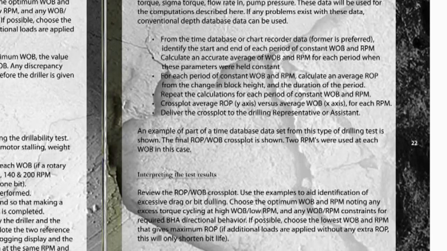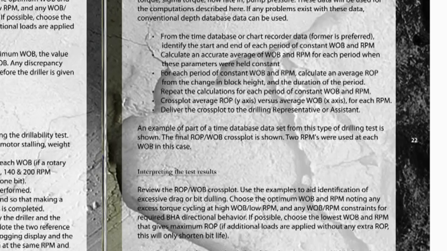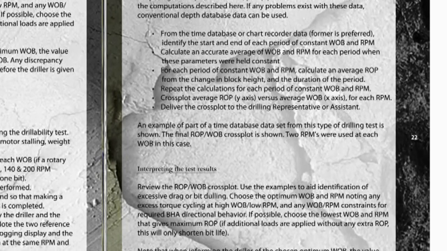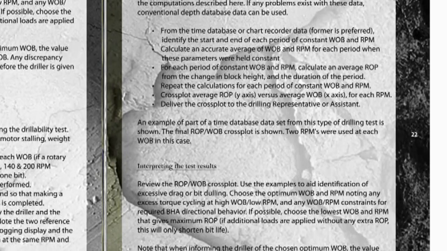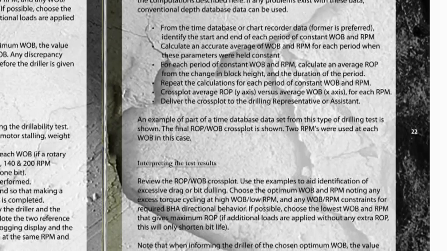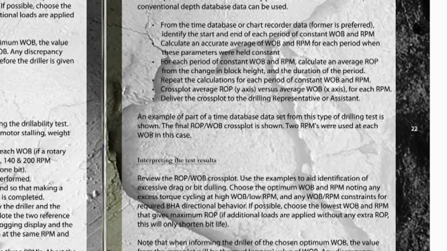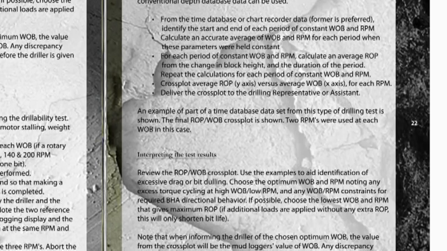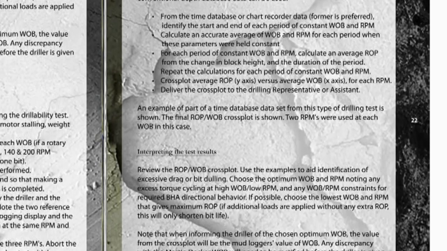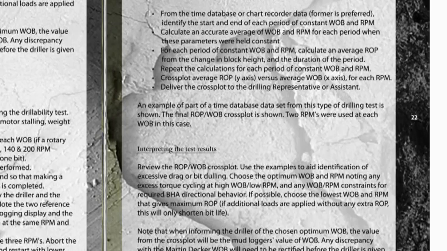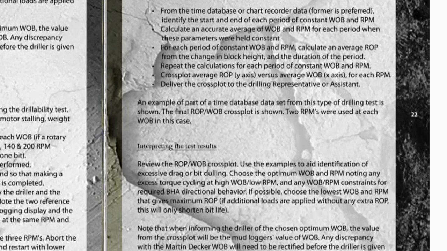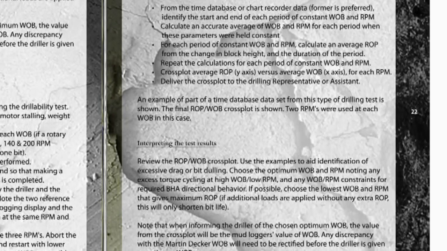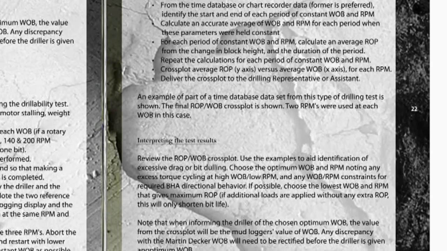For each period of constant WOB and RPM, calculate an average ROP from the change in block height and the duration of the period. Repeat the calculations for each period of constant WOB and RPM. Cross-plot average ROP, y-axis, versus average WOB, x-axis, for each RPM. Deliver the cross-plot to the drilling representative or assistant.